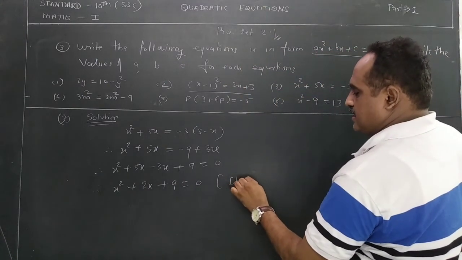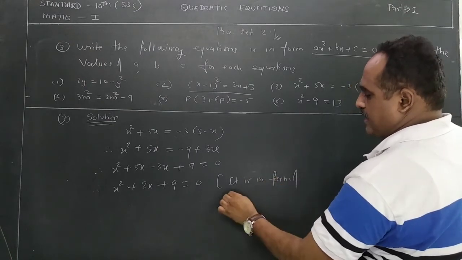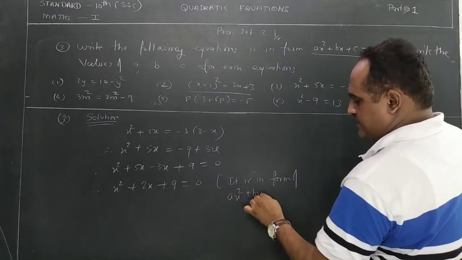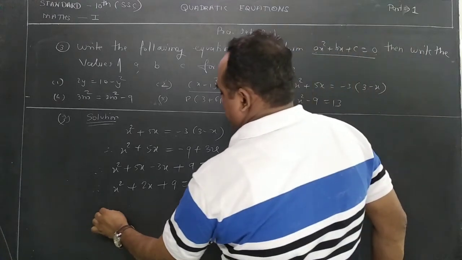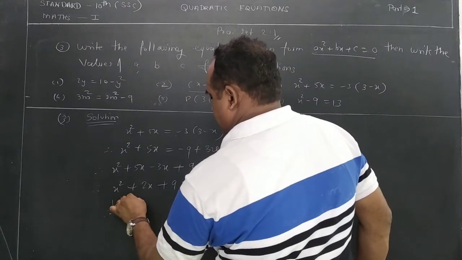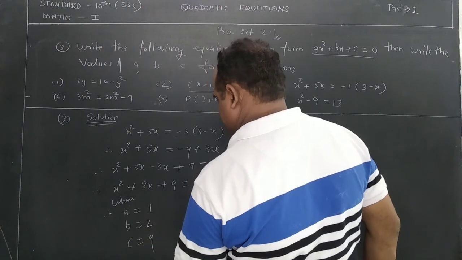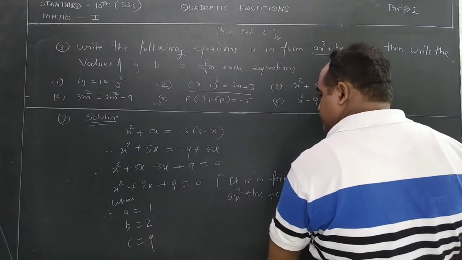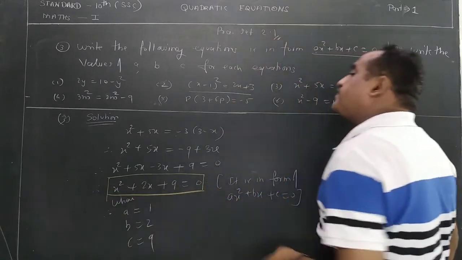It is in the form of ax square plus bx plus c is equal to 0. Therefore, a is equal to 1, b is equal to 2 and c is equal to 9. Have you understood this? Put this in a box.